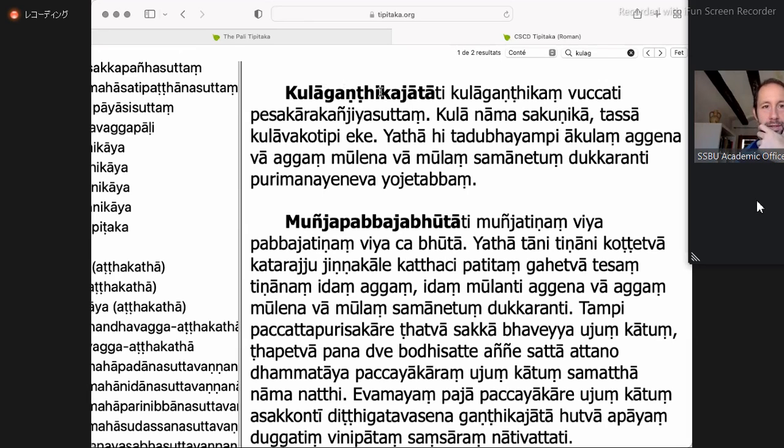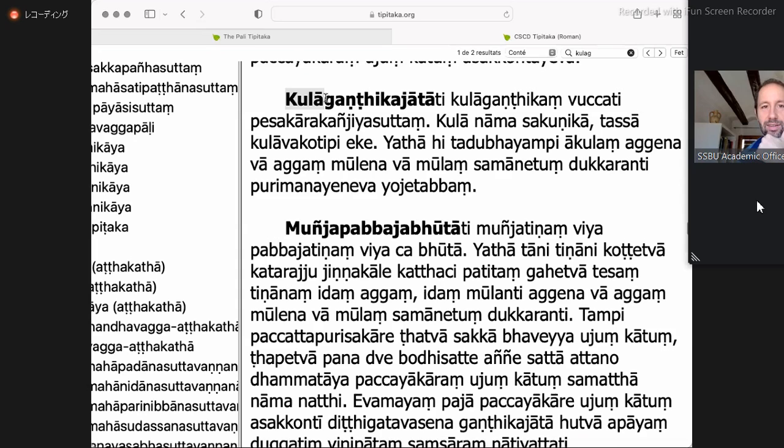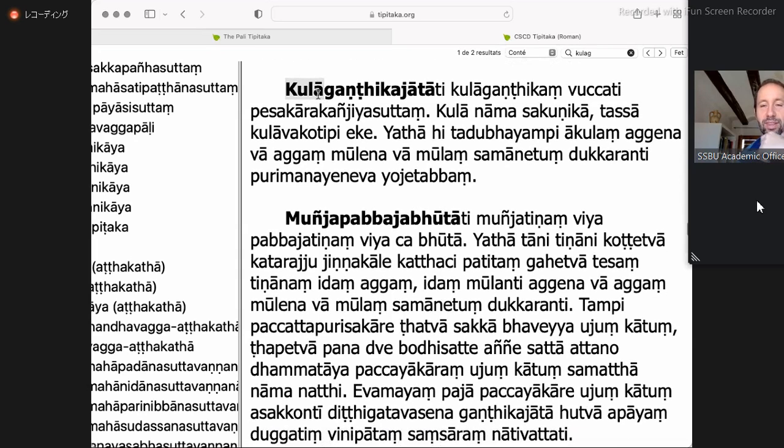Kula gantika. Remember that in the previous reading, in the Mula, we had only gula, not kula. Now we have kula, yeah? So already there is a variant between the Mula of the Burmese edition and, at least in the online edition, the commentary. And it says, kulagantikam vuccati pesakarakanjia suttam.